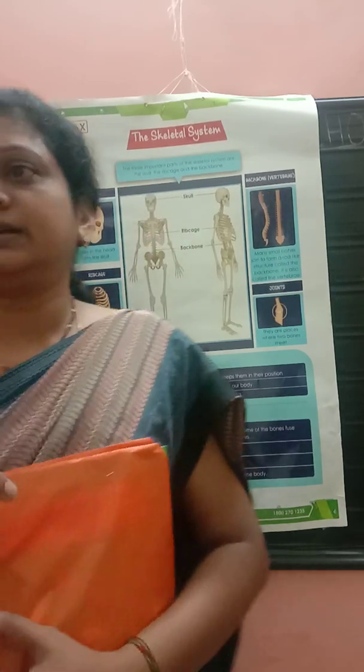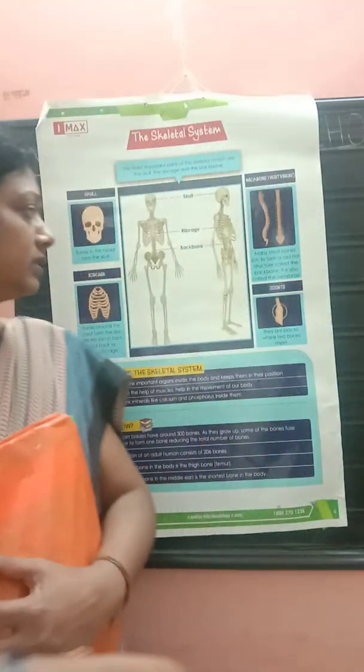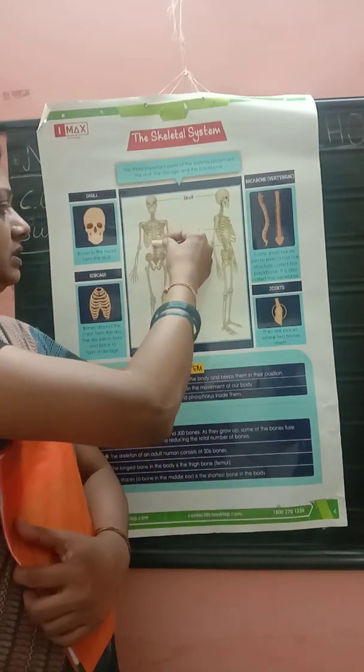The next is the backbone. Many small bones join to form a rod-like structure called the backbone. It connects the neck to the lower back of our body. It is also called the vertebrae.